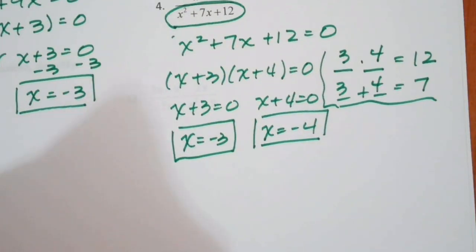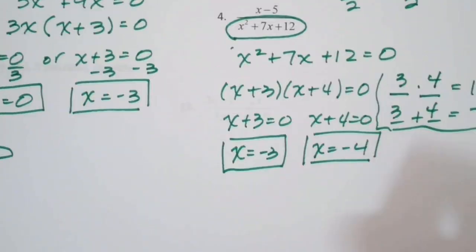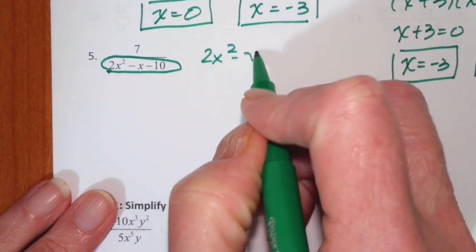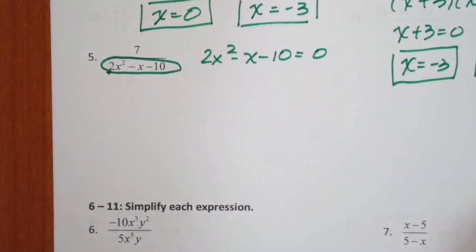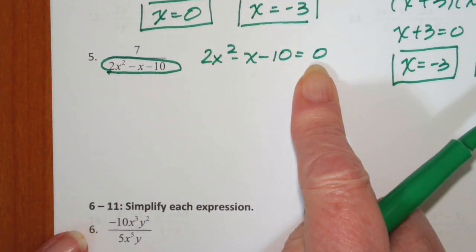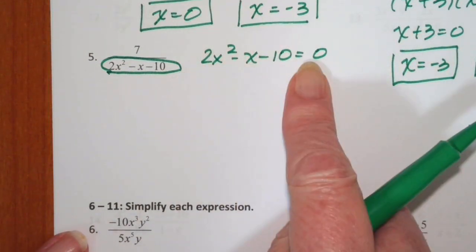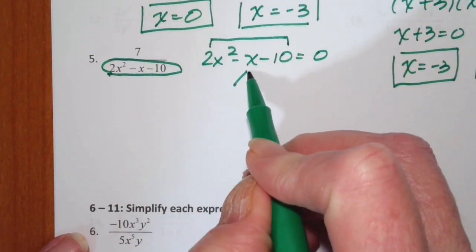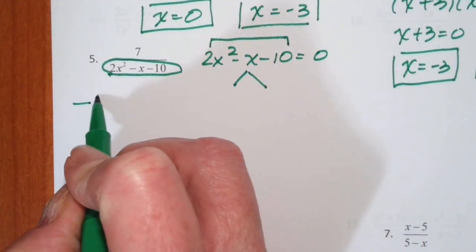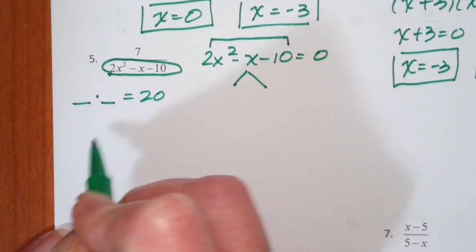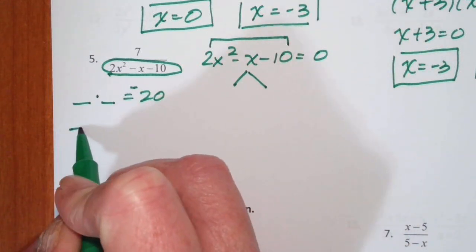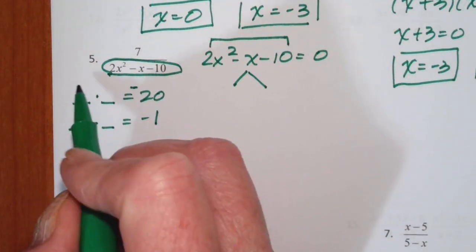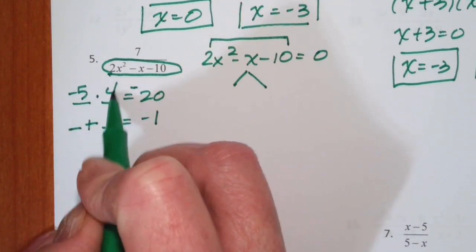Okay, once again, I take the denominator on number 5, and set it equal to 0. It's a quadratic again, so I'm going to have to solve this by factoring. It's a trinomial. There is no greatest common factor, so I'm going to have to do my split and group. So I'm looking for 2 numbers whose product is -20, and whose sum is -1. And those 2 numbers are -5 and +4.